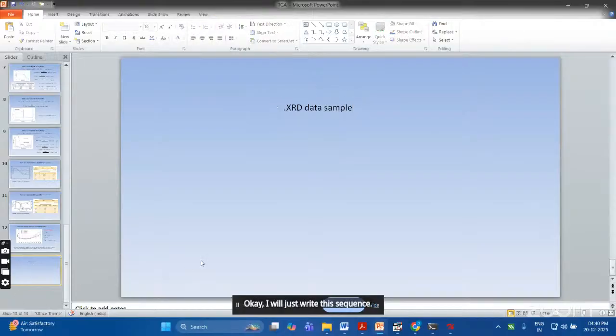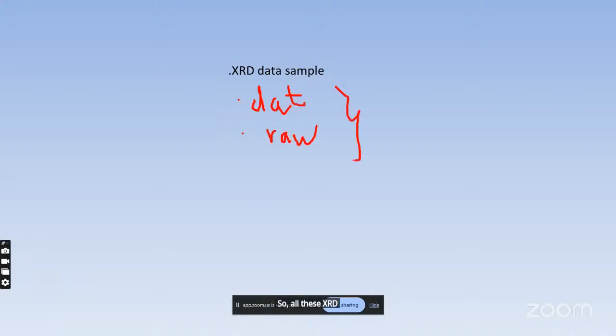You have to convert the data that is obtained from the instrument into the correct format. So if you are using FullProf, you require a .dat file. If you are using GSAS, you require a .raw file. All these XRD files can be generated by using Convex. You can write down this name, Convex.